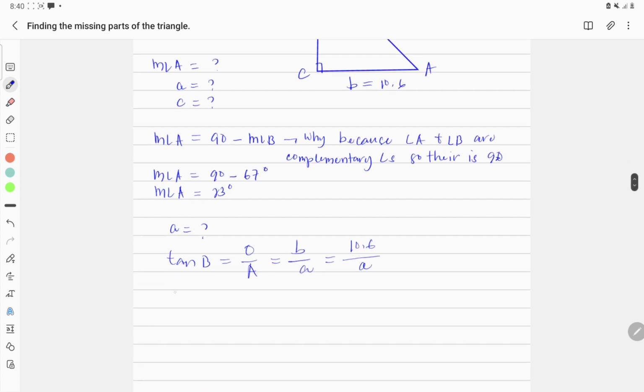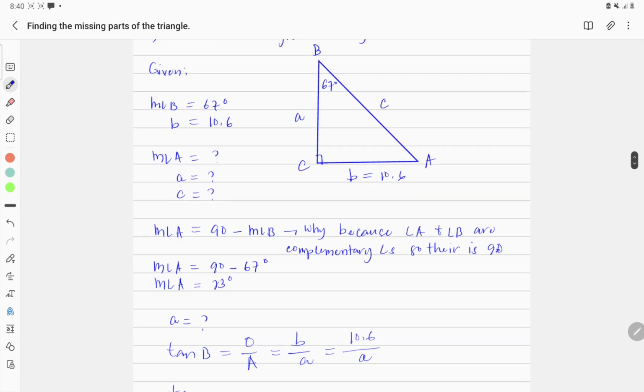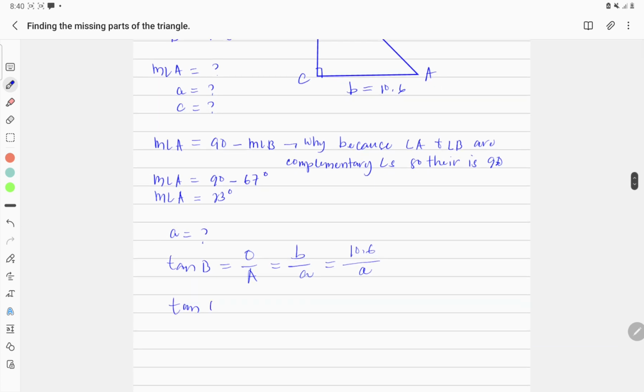Okay, so tangent B, which is 67 degrees, is equal to 10.6 divided by A. You cross multiply there.